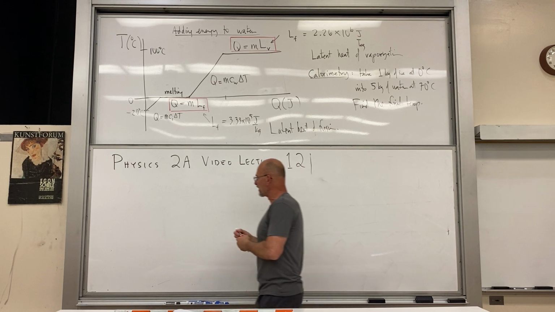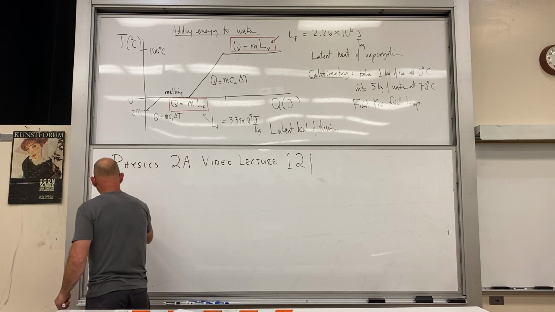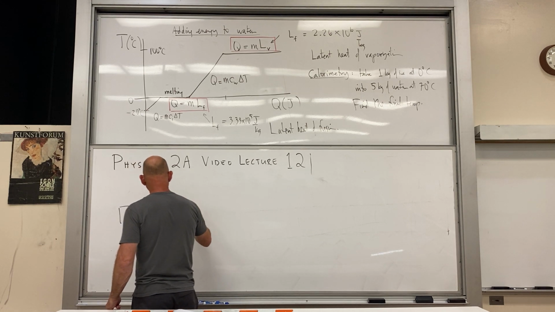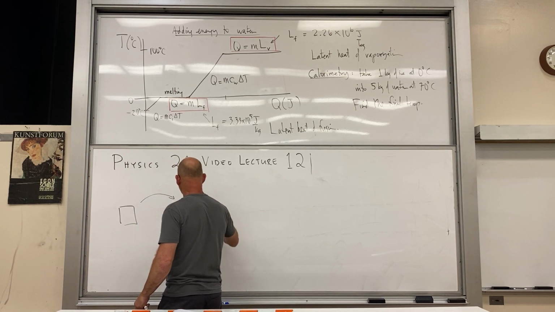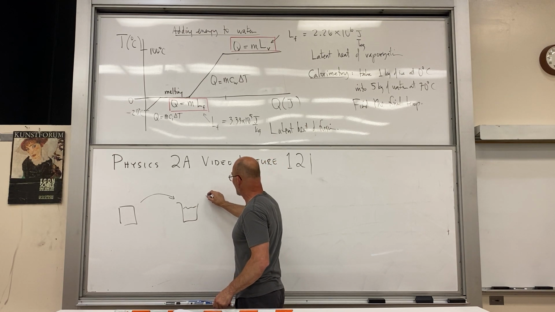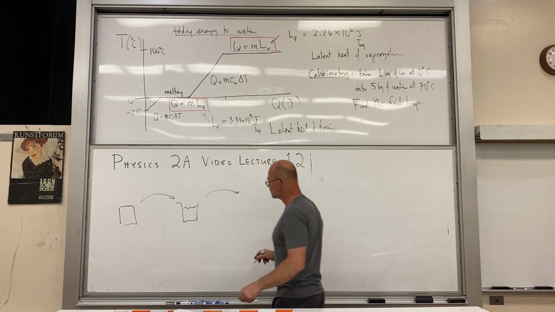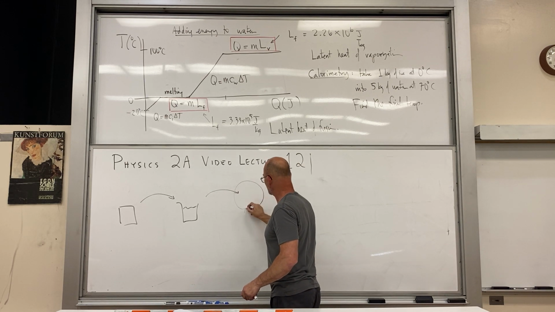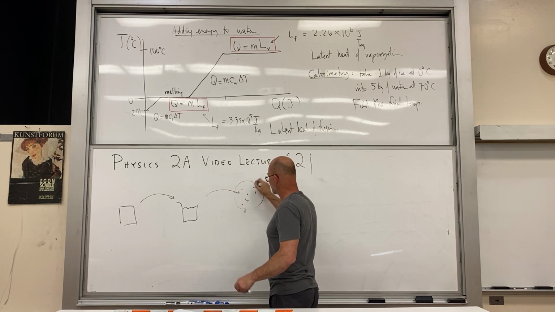The idea is that we take a solid, and we add energy and we turn it into a liquid. So there's my block of ice, there's my beaker full of water. We add energy and we can turn it into a gas, which I'll just symbolize with a balloon here, gas particles inside.